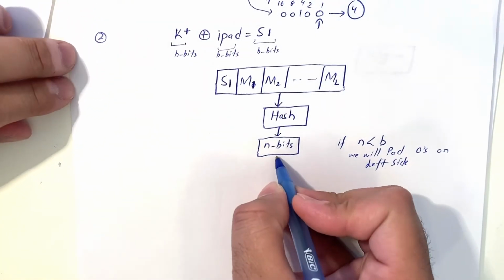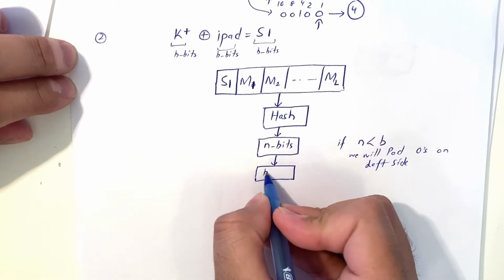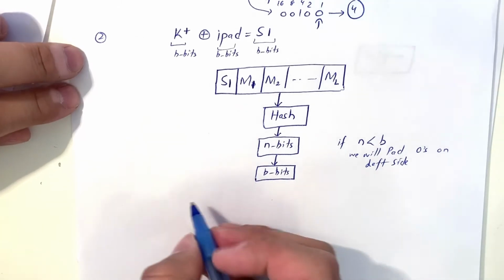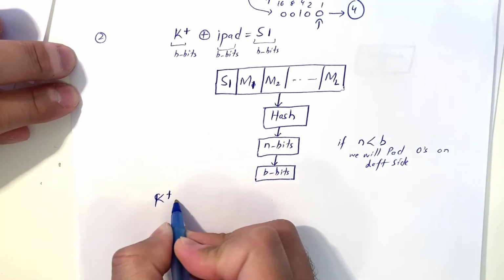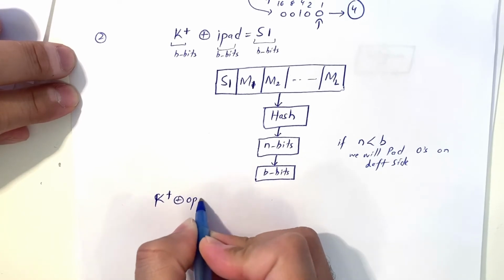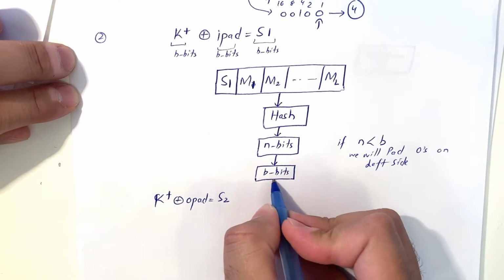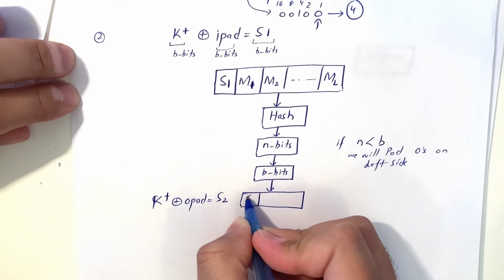Now let's say we made it b bits here, or it is already equal to b bits. Then we will again calculate k plus XOR with OPAD, and the result is going to be S2.